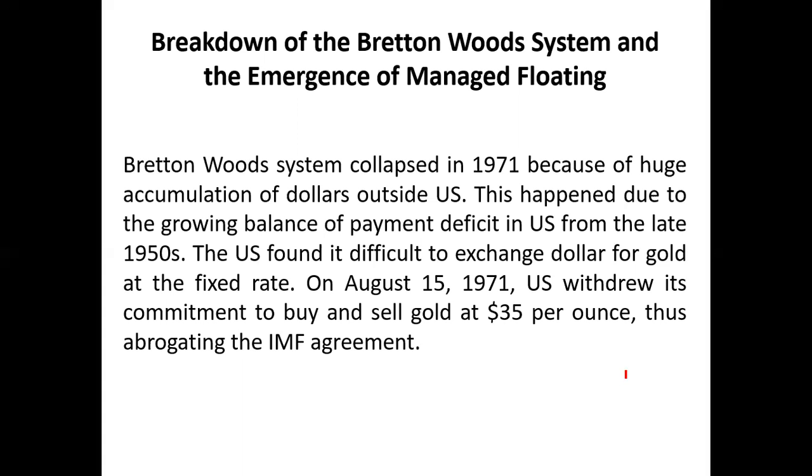Under the Bretton Woods system, the US was obliged to buy and sell gold at $35 per ounce. But by this time, it became very difficult for the United States to keep this exchange rate, because the United States had no sufficient dollars under its custody.